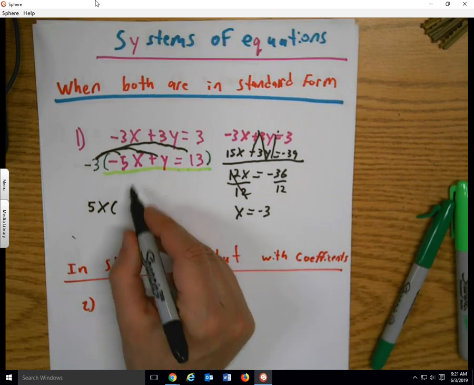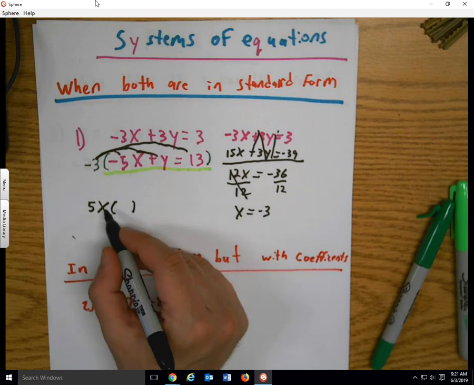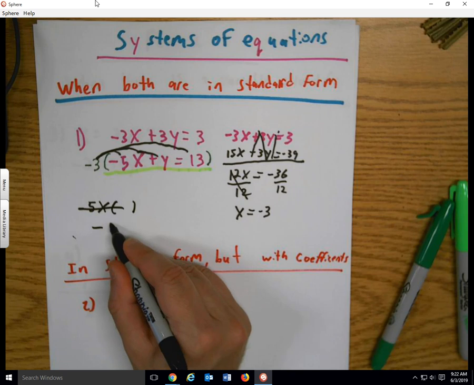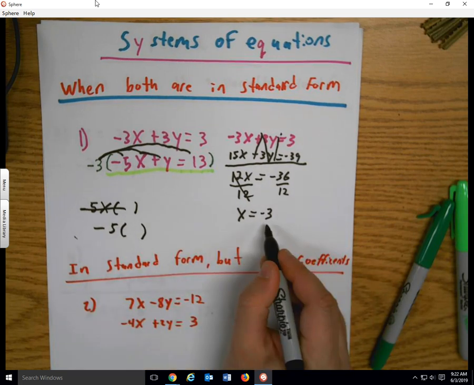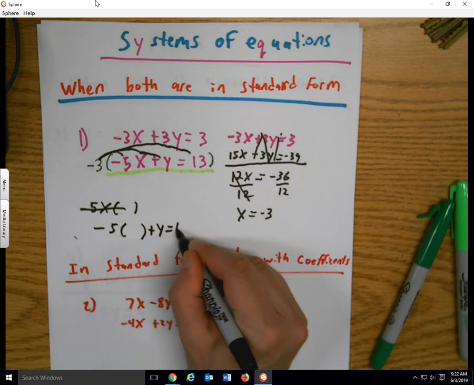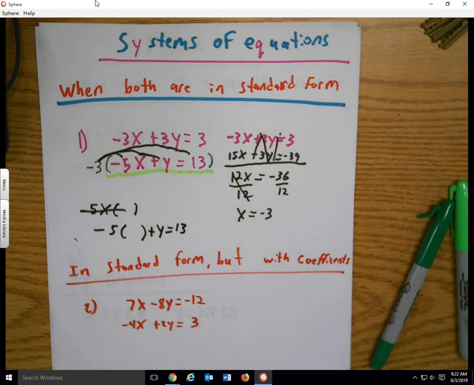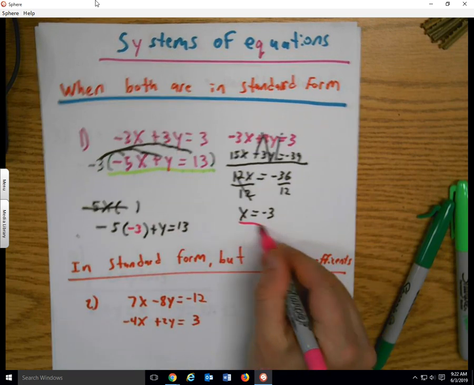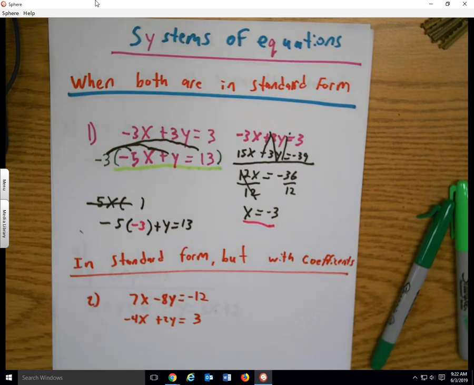Whoops, let me start over. Negative 5, instead of an x, we'll put a negative 3. Plus y equals 13. So instead of x was a negative 3, we got it from right here. Then to solve for y, we just do the order of operations.